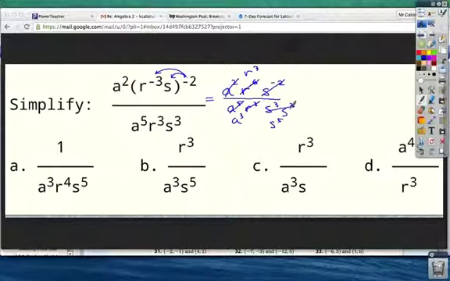Cancel. And what's left? R to the 3rd is left in the numerator. A to the 3rd is in the denominator. S to the 5th. And which one is that? That is this one right here. Okay, next.